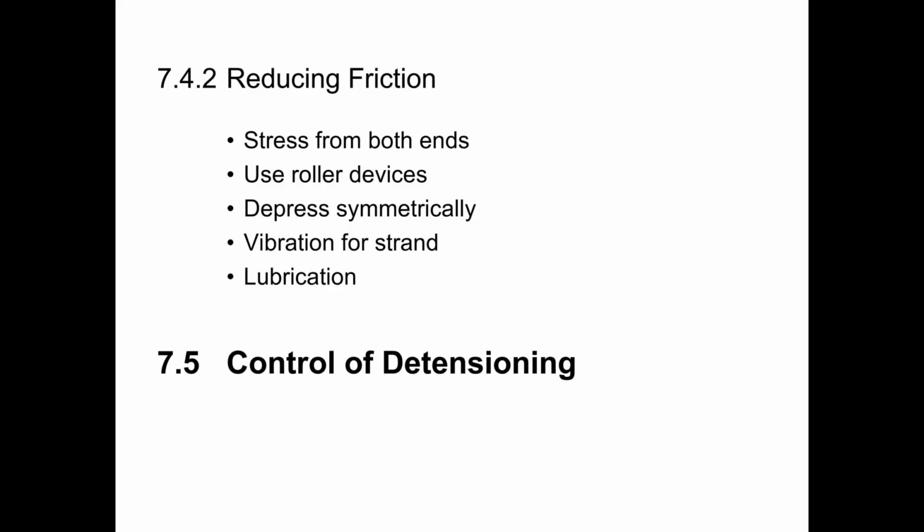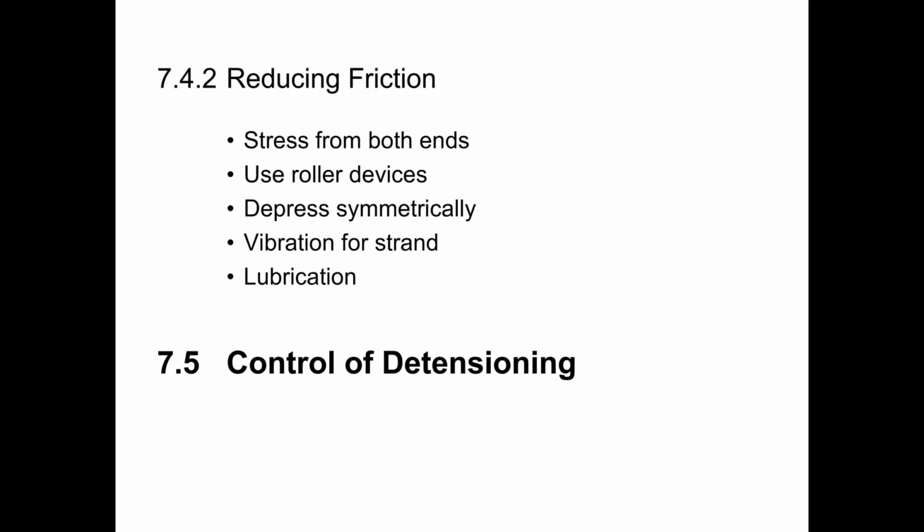So the way this would work is we would tension our draped strands at the live end like we normally do. We would make a note of the applied force and the measured elongation. And then we would take our jack down to the dead end of the bed and reapply our required force to each of the draped strands. And we would make a note of any additional elongation that we achieve.